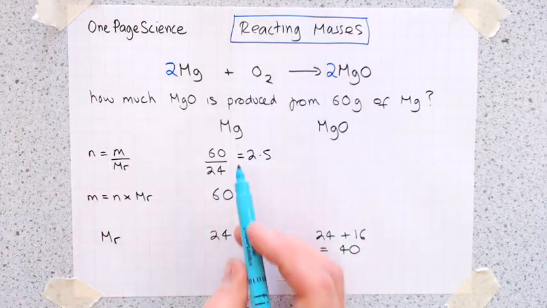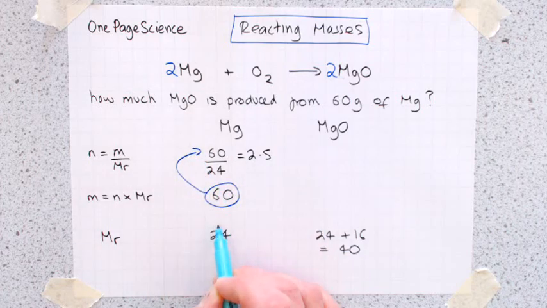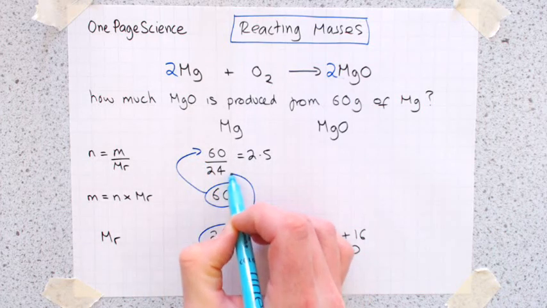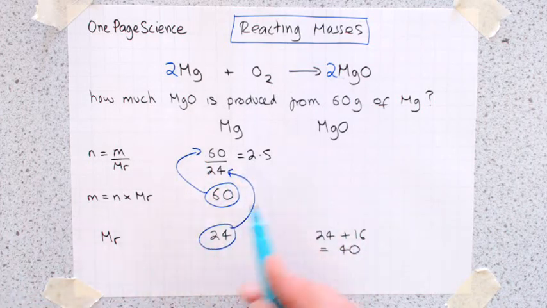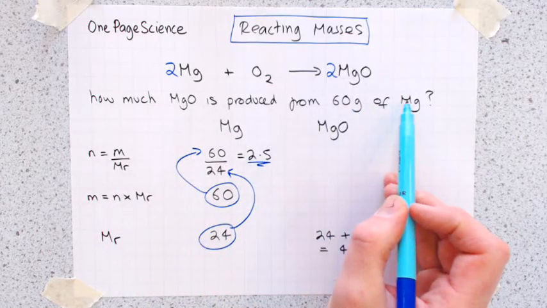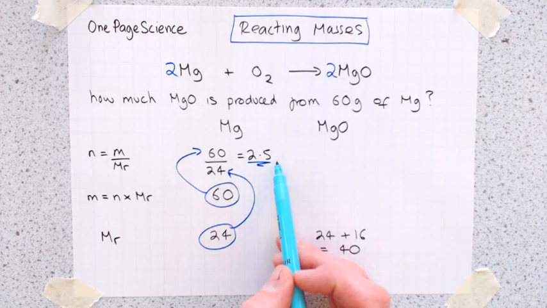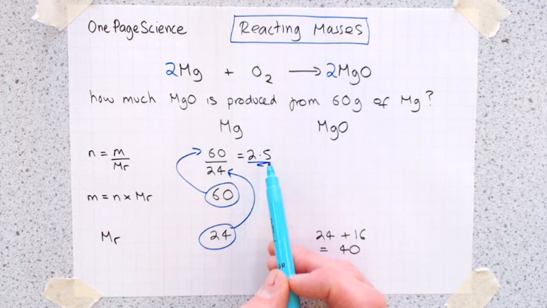The mass goes there, the relative mass goes down there. This tells us that 60 grams of magnesium is equivalent to 2.5 moles worth of magnesium particles.